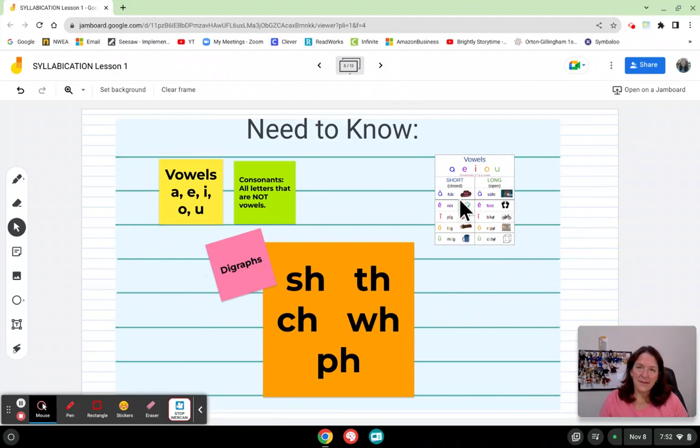The next thing I want to refresh your brain with is digraphs. And digraphs are when you put two letters together to make a new sound. So the 5 digraphs that we know are SH, which says sh, TH, which says th, CH, which says ch, WH, which says wh, and PH, which says f.